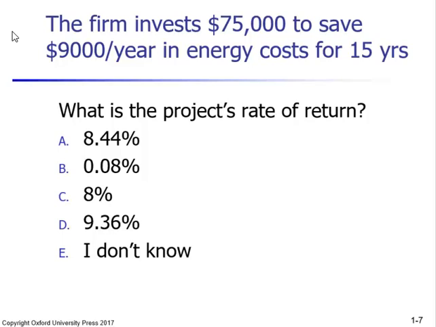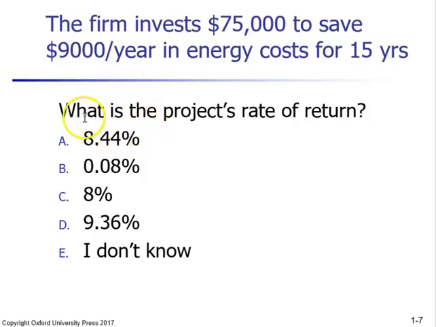So now you want to see, in this case that we have, the firm invests $75,000 to save $9,000 a year in energy cost for 15 years. Is it worth it or not? But the point is that here we don't have an interest rate, because only with an interest rate can we say if it is worth it or not.